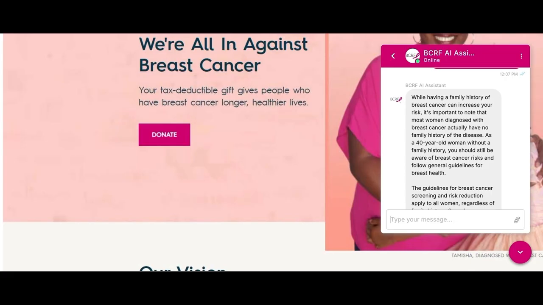And the user can engage with it in a back and forth dialogue, right? So we can continue, but you get the gist. I don't need to ask more questions here.